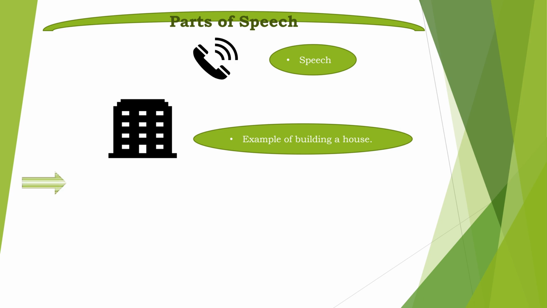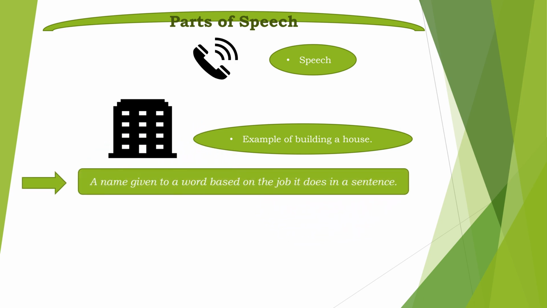Similarly, we can say that all the different parts of speech have their own job in a sentence. Basically, the definition of parts of speech is it's just a name given to a word based on the job it does in a sentence.